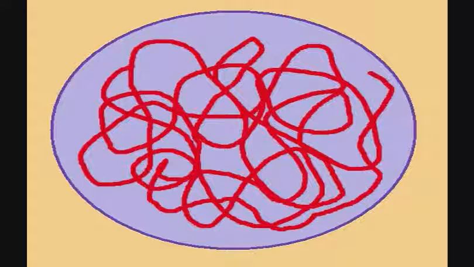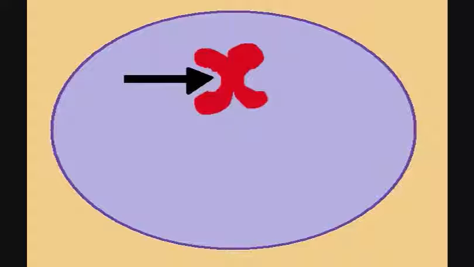At the beginning of this stage, chromatin strands of DNA coil up into individual chromosomes. The chromosomes are made up of 2 sister chromatids that are identical copies of the same DNA, which are joined together at the hip, or in scientific terms, the centromere.